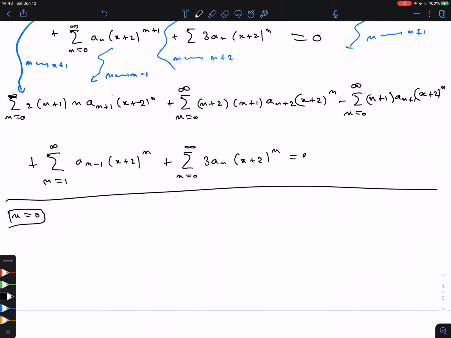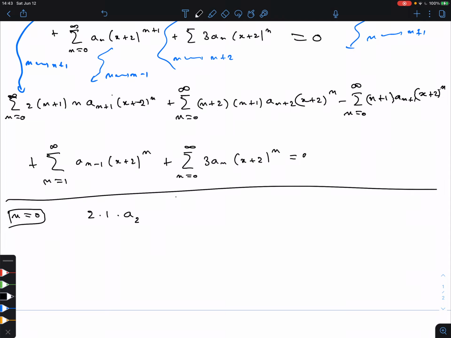So we just look at the ones for n equals 0 that are present, right? So we're looking for this one, this one, this one, and this one when n is 0. Now, if n is 0, there is nothing here. Well, this is 0, okay? If n is 0, we do get something here. So we get 2 times 1 times a2. That's it, right? The power, of course, is just 0 power, so we don't have x plus 1, x plus 2 there.